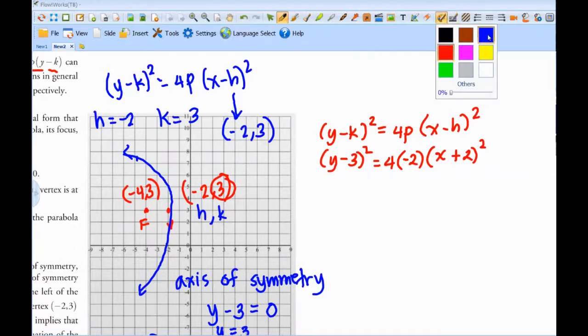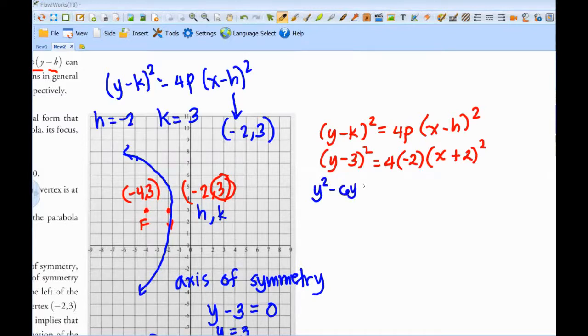So we will square the binomial: y squared minus 6y plus 9 is equal to negative 8 times x plus 2.